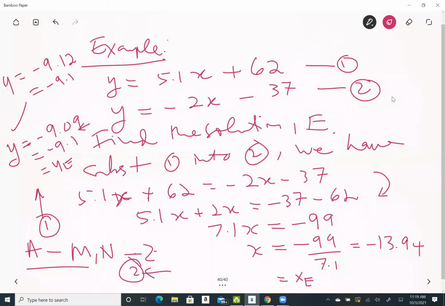The point here is, when you work with real numbers, you substitute into one equation and into the other, and sometimes you will not get exactly the same result. The difference will not be significant, maybe in the third or fourth decimal point, depending on our roundup, and that will be acceptable, taken as the same. For example, here you substitute number 1 and get 9.09 to 2 decimal points, and here you got 9.12.